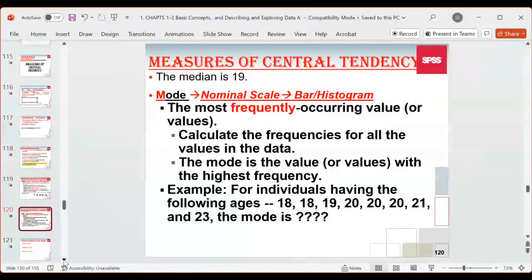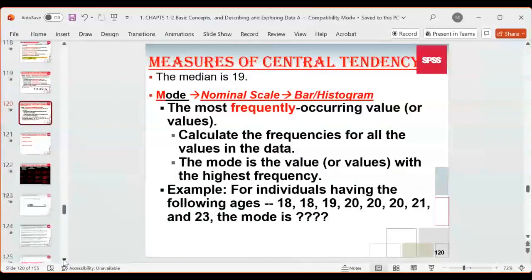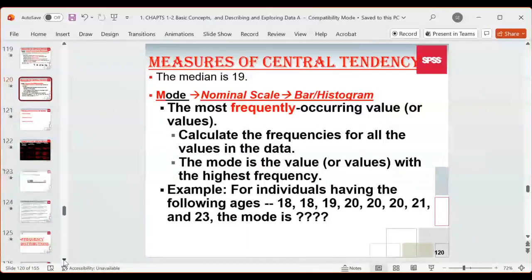And the mode, like I mentioned earlier, is the most frequently occurring score. And that goes with the nominal scale. For example, I have some graphs to show you in a second. Let's say you work for Starbucks and you see a bar graph or histogram.